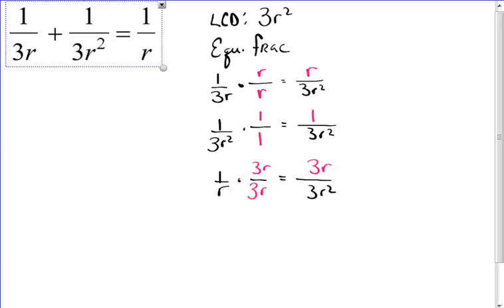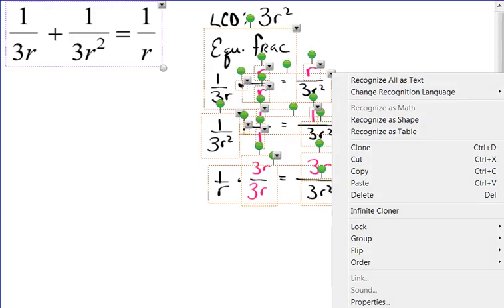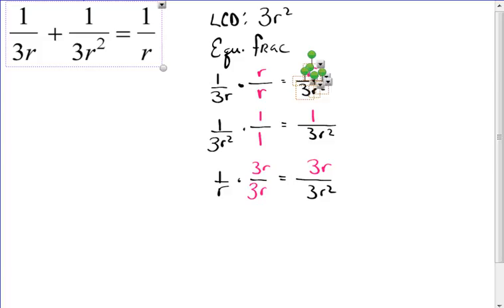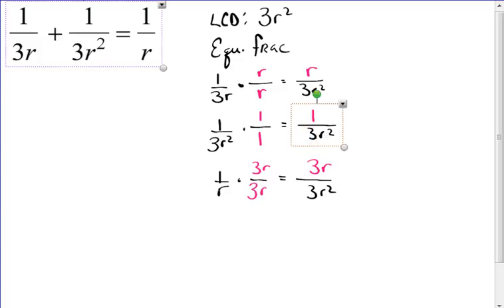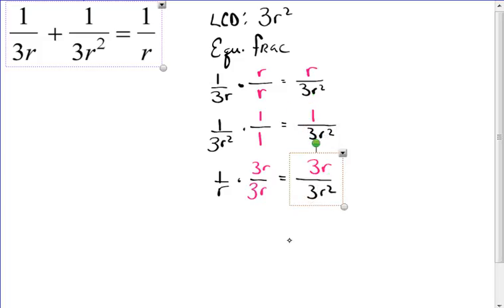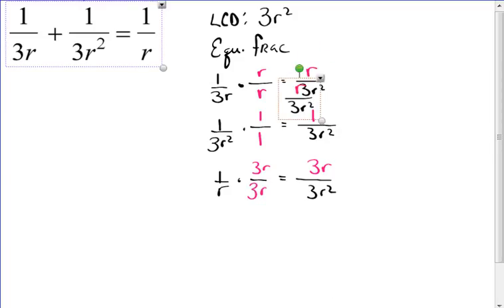Now, I'm going to use the magic of Mrs. Peters' wonderful, lovely board, and I'm going to ungroup so that I can grab things and regroup. Because I'm lazy, I'm going to take these little guys and clone them.